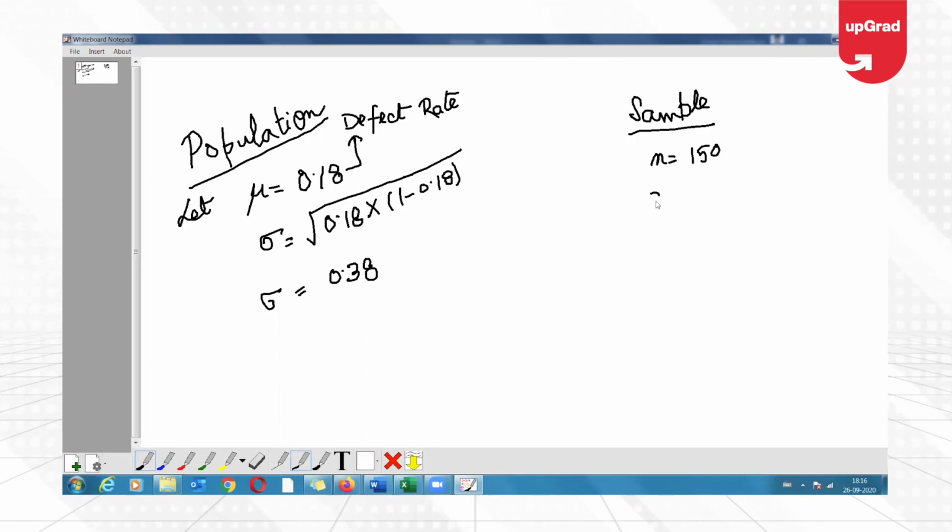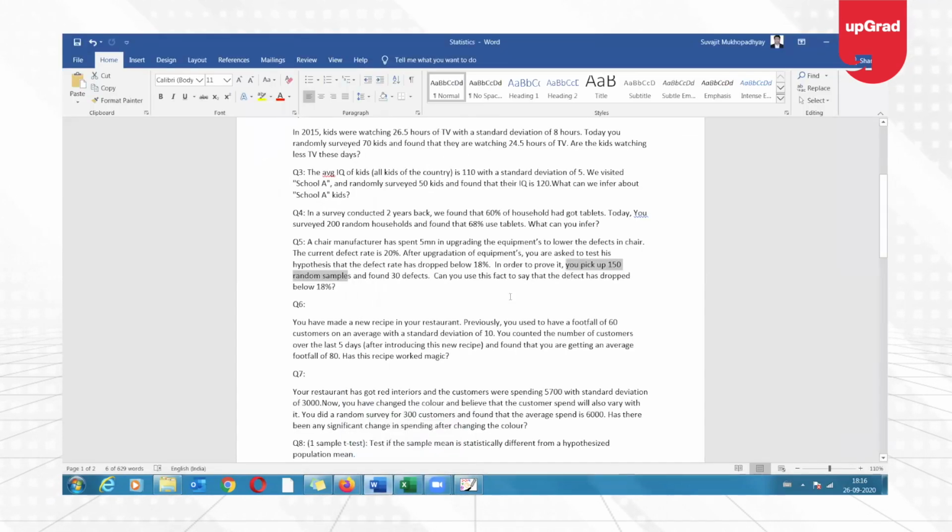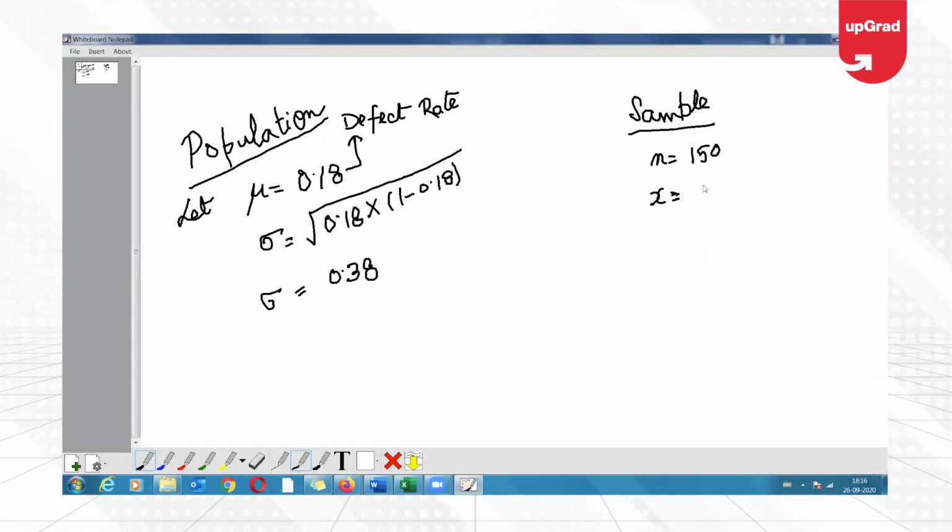So x, or the value against which I am going to test, should also be a defect rate. So how do I calculate the defect rate? We got 30 defects in 150 random samples. Okay. So 30 defects out of 150 random samples.